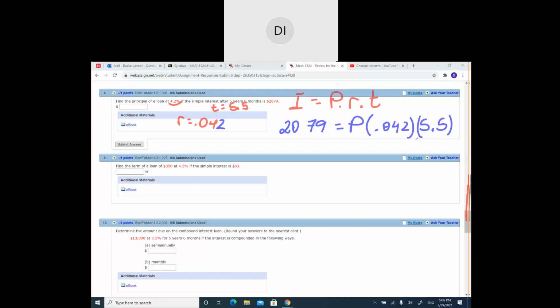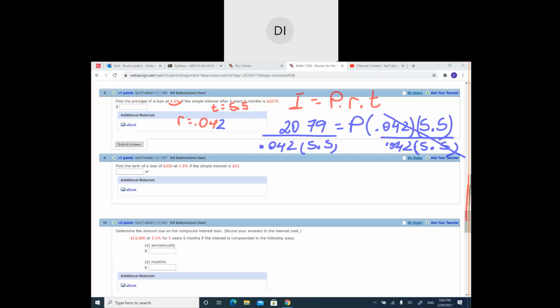You change the 6 months to half a year, which is 0.5. Here we need to get P by itself, so we're going to divide both sides by 0.042 times 5.5. And you're going to simplify this.